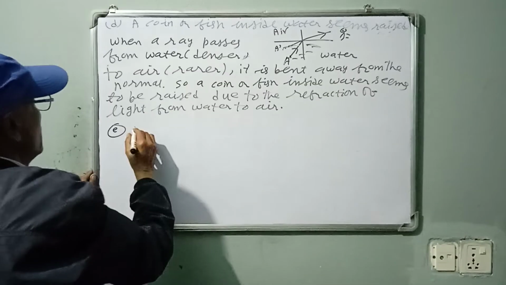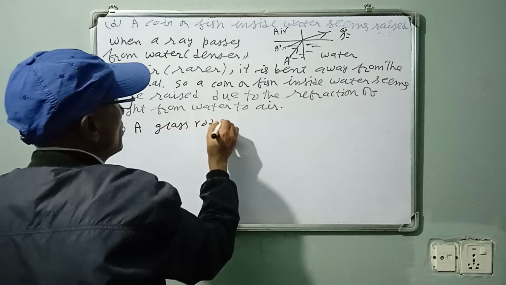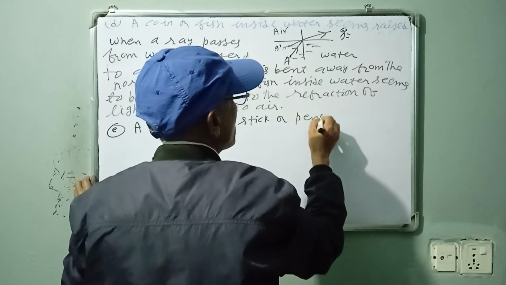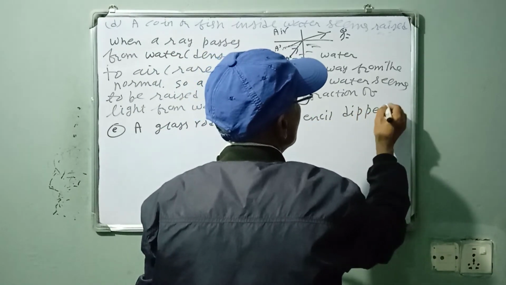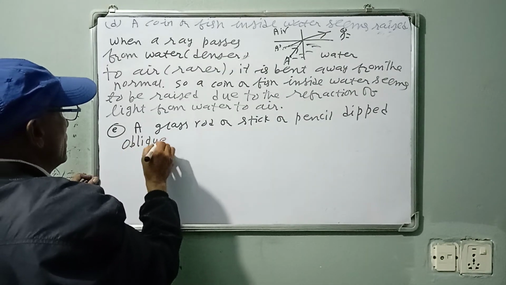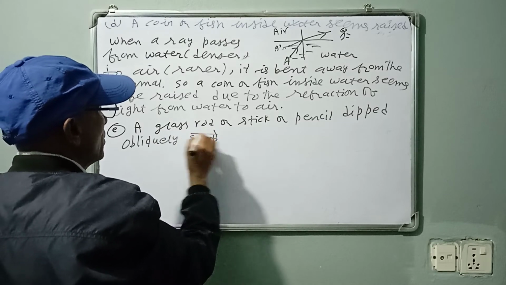अब बेन्ड भएको a glass rod or stick or pencil, any object dipped obliquely. Obliquely means छड्के, सीधा होइन.